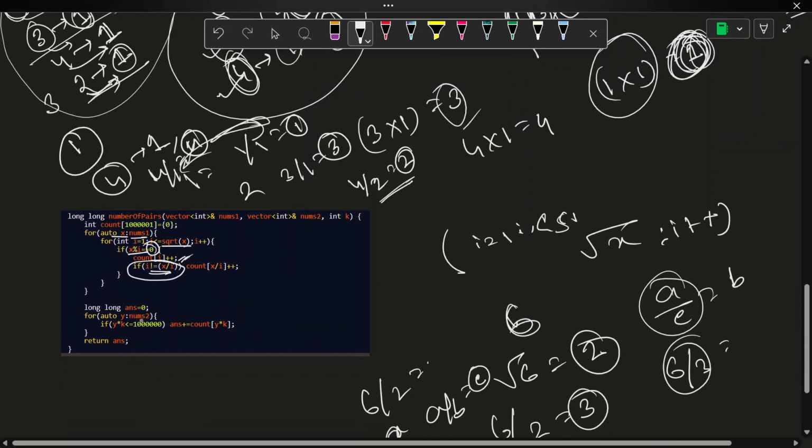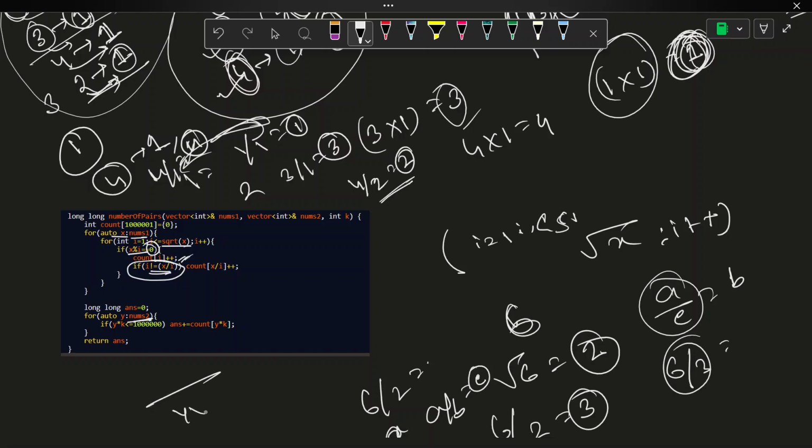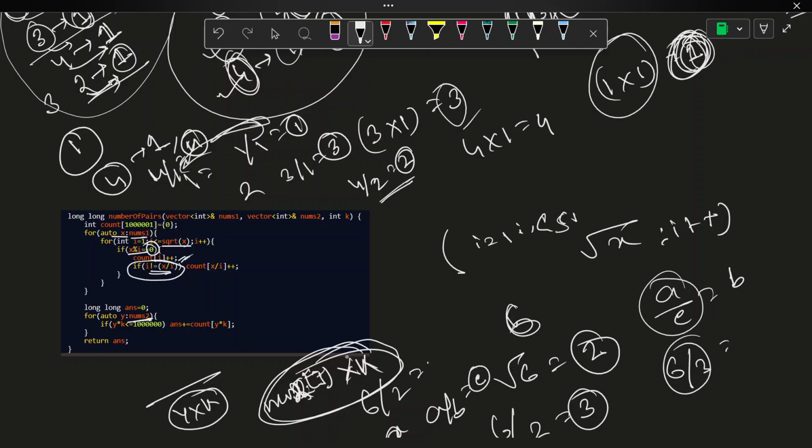Now I traverse nums2. What is the current denominator? It will be y times k, where y is the current nums2 of j, so nums2 of j times k. If some number is divisible by this, it is a factor, so I check how many numbers have this factor by going to the map.